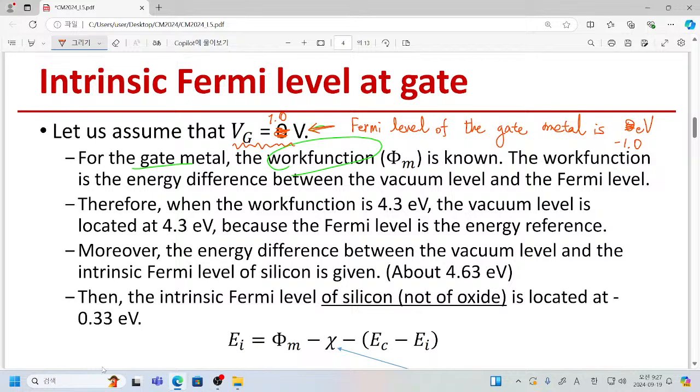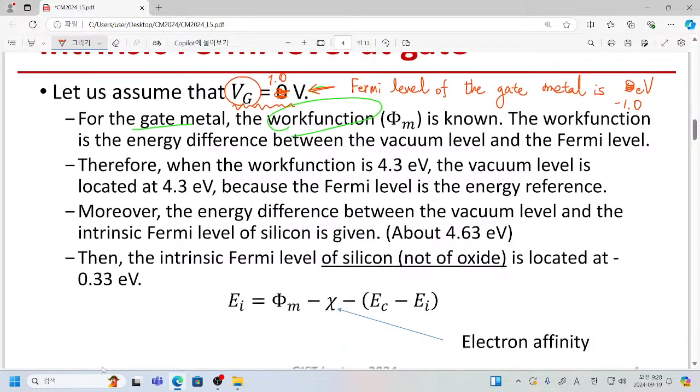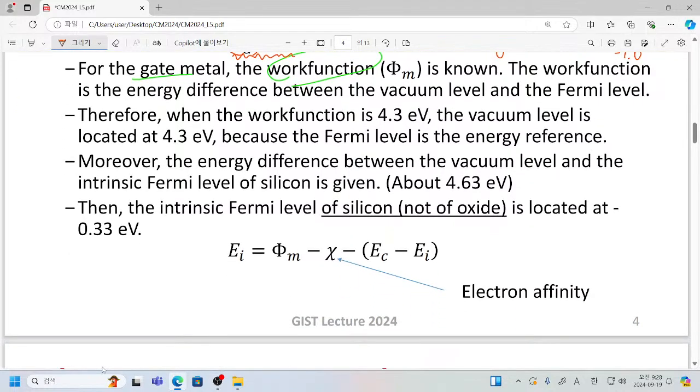Simply speaking, when you have a certain gate voltage, by applying once again minus Q to your voltage value, you can estimate the Fermi level of your gate metal. So in this case, you have 0 electron volt, and this is the Fermi level at your metal gate.